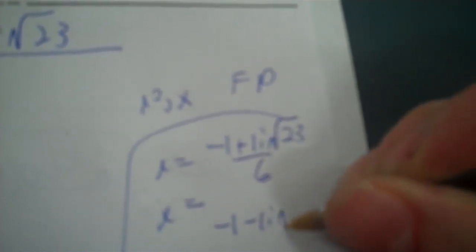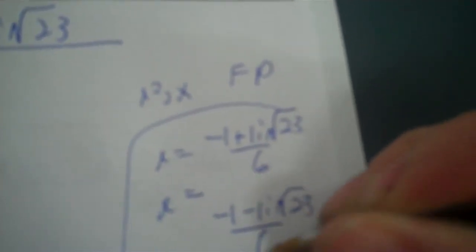And then you don't add or subtract anything. You just line it up the way it is. Negative 1 plus 1i square root 23 over 6. Negative 1 minus 1i square root of 23 over 6. Now keep in mind, the square root of 4 on the last problem is not irrational, it's 2. You put 2 with i behind it in that instance.